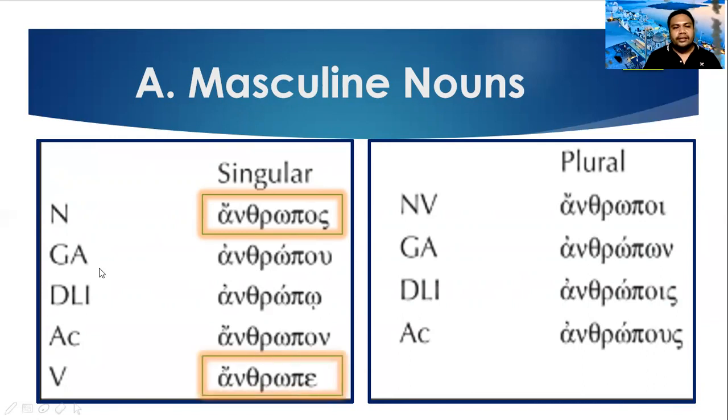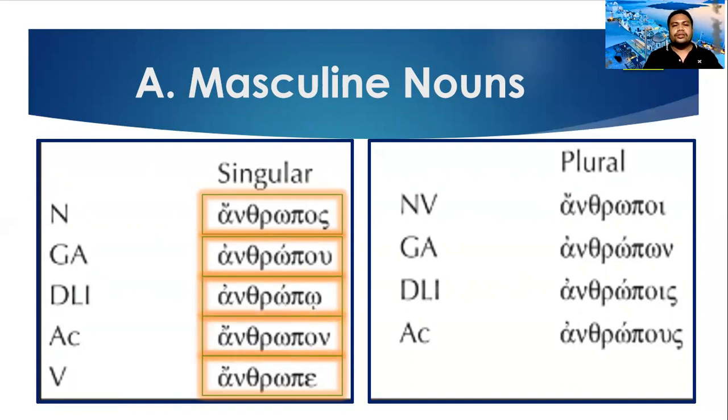This time we will read the nominative followed by the vocative. The vocative, addressing, is anthrope. Then genitive, ablative, anthropou. Similar form for the dative, locative, and instrumental, anthropo, and the accusative, anthropon.